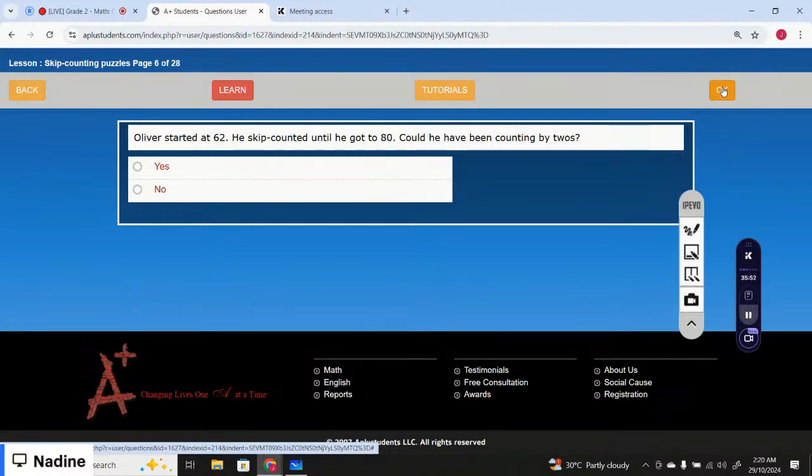The correct option is yes, he is skip counting by twos. The correct option is yes. Option number one is the correct option.